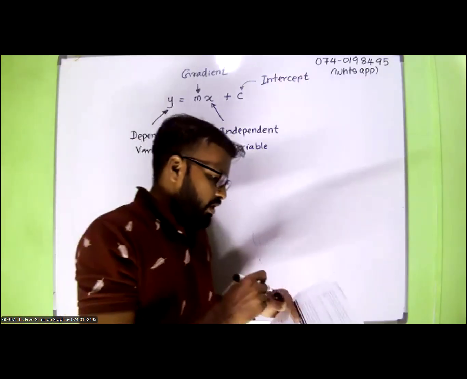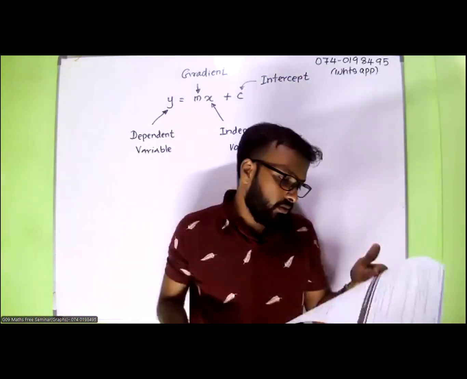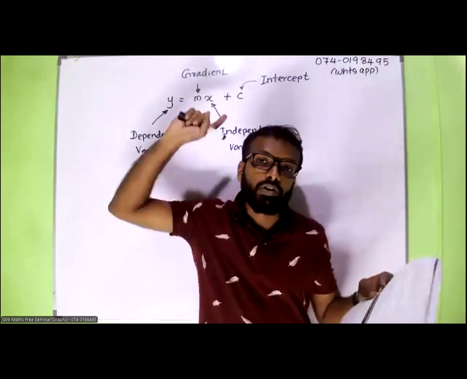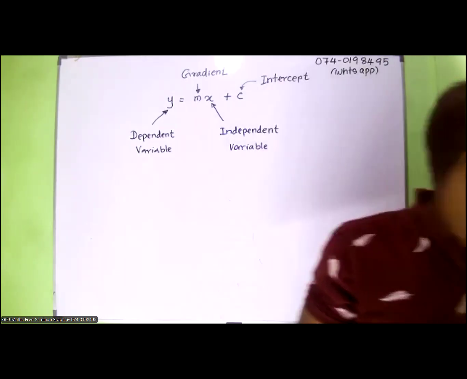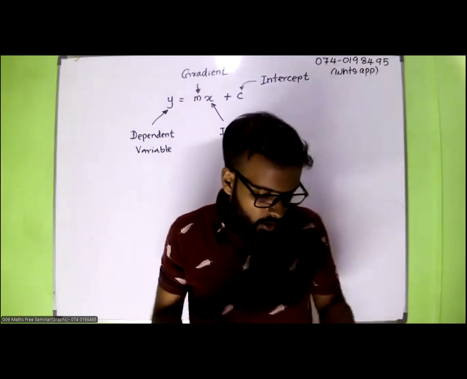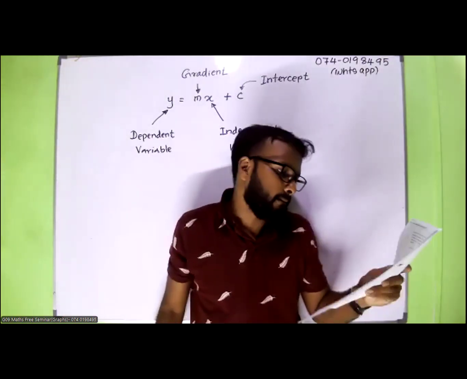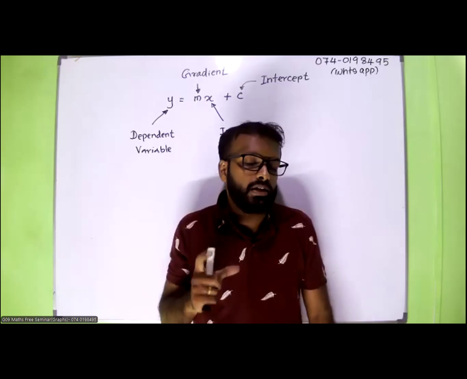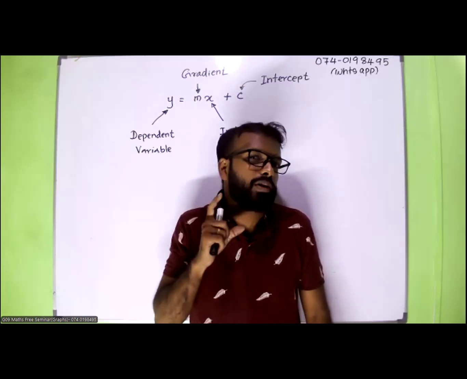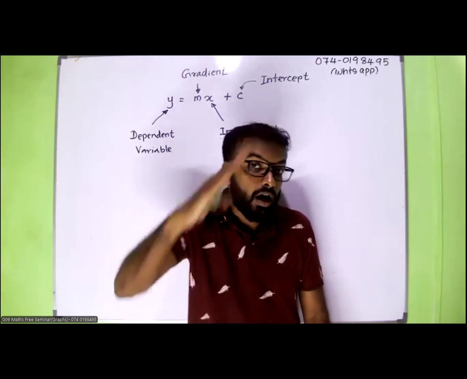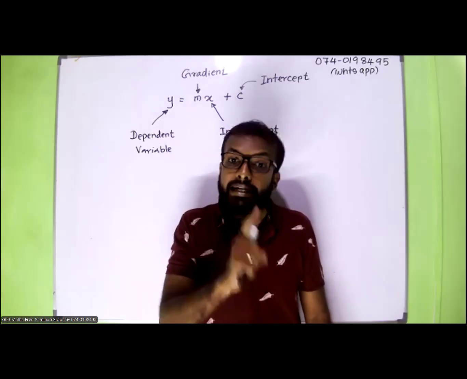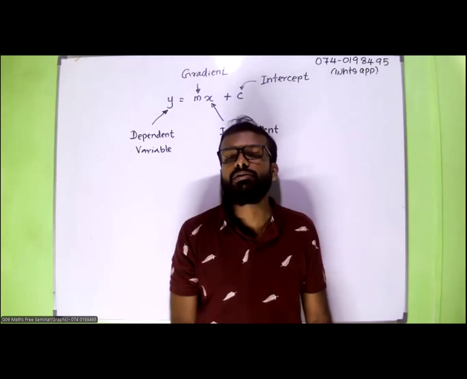The intercept is given in the equation y equals mx plus c. So what is c? You can find c from the graph. C is the point where the graph line crosses or intersects the y-axis.